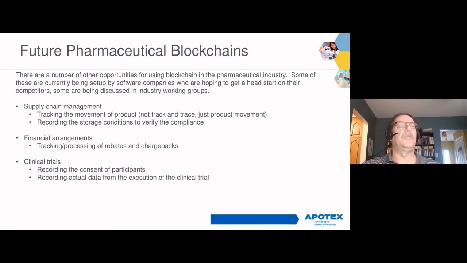This has a lot of push on it right now because a lot of the major regulatory authorities like the US FDA and the EMA from the EU and the MHRA from Britain are looking at clinical trials and trying to come up with ways to ensure that consent is being recorded and the actual data from the execution of the trial can't be deleted or modified if it doesn't happen to meet what the clinical trials people are thinking it should.